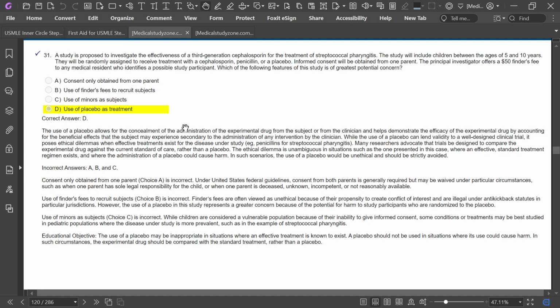Finders are often viewed as unethical because of their propensity to create conflict of interest, and are illegal under anti-kickback statutes in particular jurisdictions.